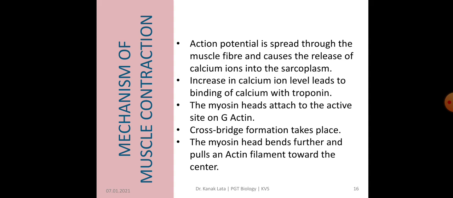Now, action potential is spread through the muscle fiber and causes the release of calcium ions into the sarcoplasm. When there is increase in the calcium ion level, then it leads to binding of calcium with troponin. Then the myosin head gets attached to the active site of globular actin, and due to this there is cross bridge formation. Then the myosin head bends further and pulls an actin filament towards the center.